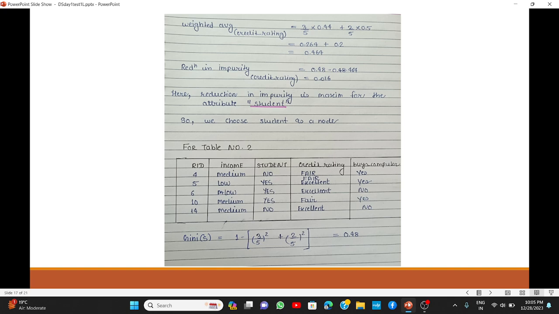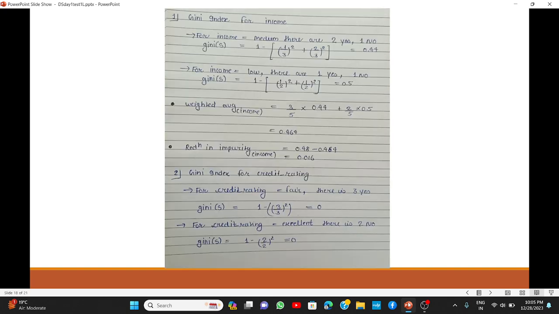Now for table number 2, Gini is 0.48. Now Gini for income: in medium there are 2 yes and 1 no, so 0.44, and for low there are 1 yes and 1 no, so Gini for low is 0.5, and the weighted average of income is 0.464, and the reduction in impurity in income is 0.016.